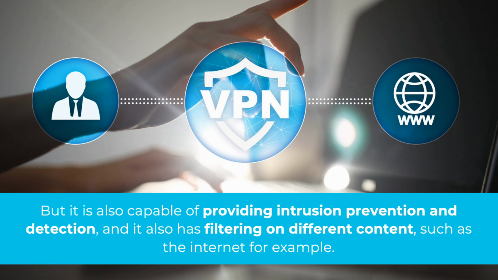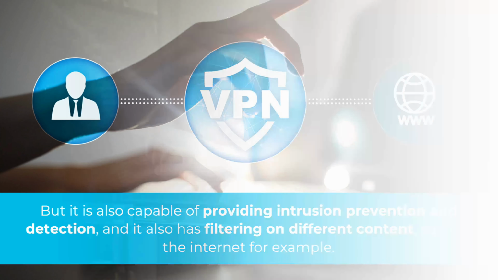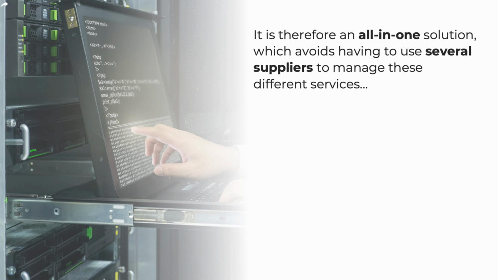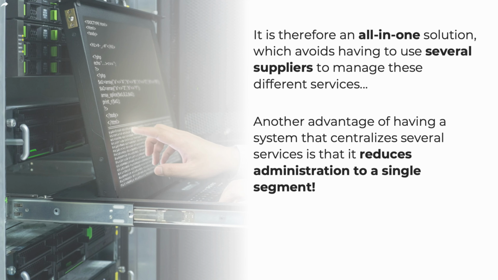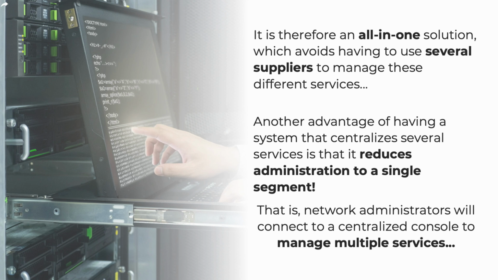Basically, it also acts as a proxy. It is therefore an all-in-one solution, which avoids having to use several suppliers to manage these different services. Another advantage of having a system that centralizes several departments is that it reduces administration to a single point. That is, network administrators will connect to a centralized console to manage multiple services.